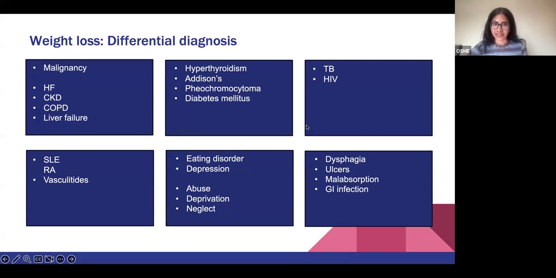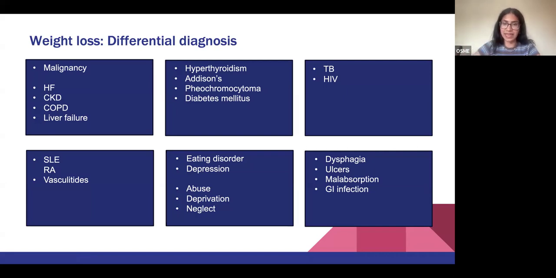Our differential diagnosis again covers a lot of what we've already talked about in unexplained fevers and tired all the time. Obviously, there's a whole section that we need to consider for weight loss that you don't consider in fevers, which is the GI causes. So dysphagia can actually reduce your appetite because you can't swallow anything.